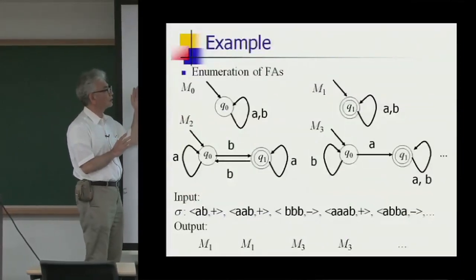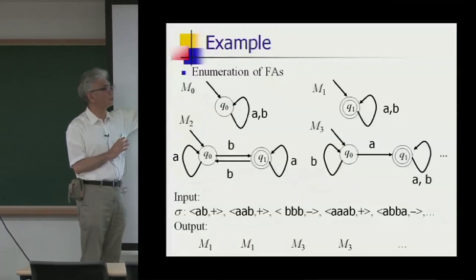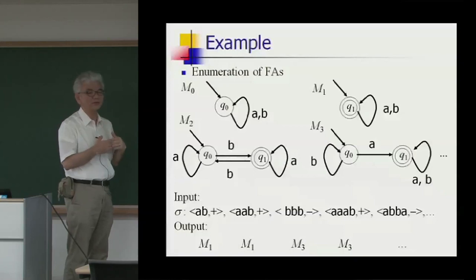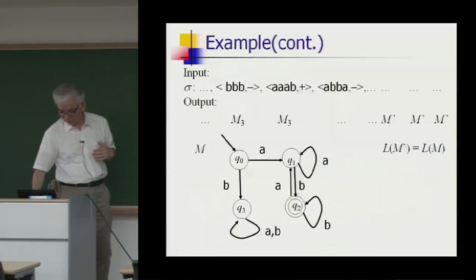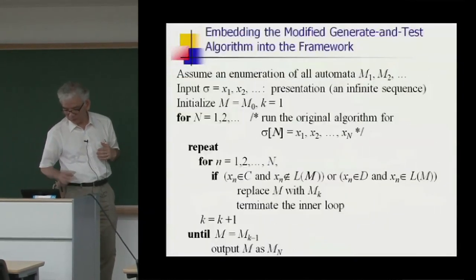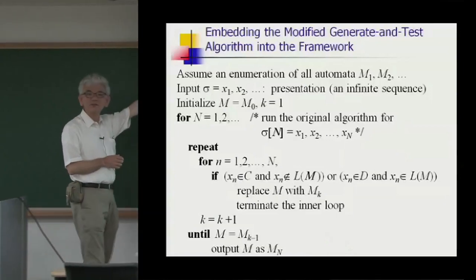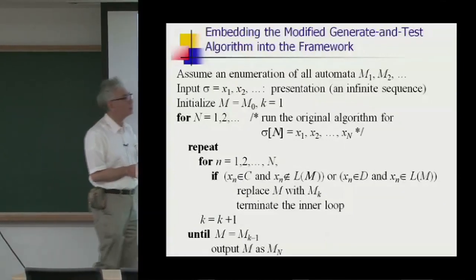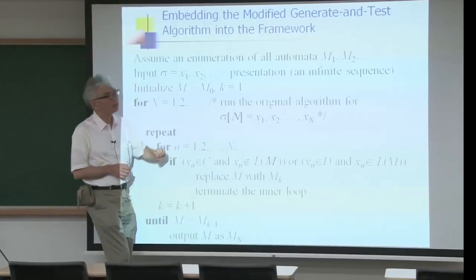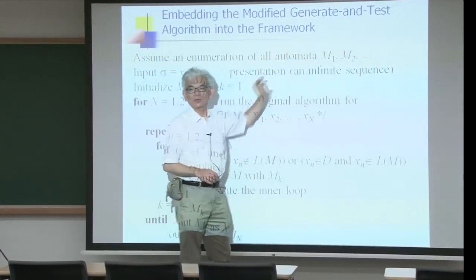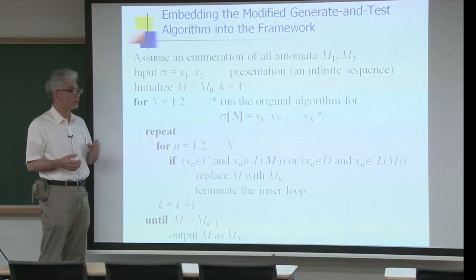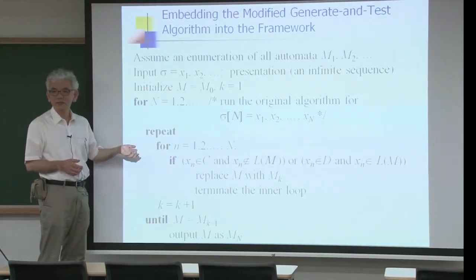Okay, we first consider an enumeration of finite state automata. So please consider the generate and test algorithm. The generate and test algorithm takes one example and takes one automaton and checks the consistency. If it is okay, then it outputs it as a conjecture.